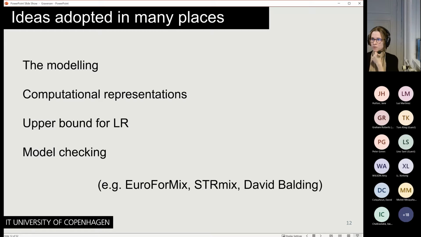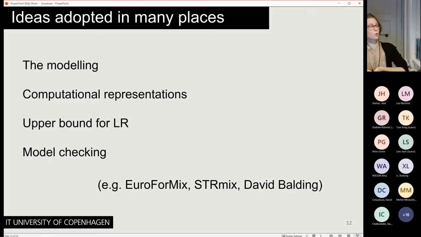So I was really happy with all of this, and also it caught on, I'm happy to say, in many places, particularly the modeling. The modeling had already, especially the idea of using gamma distributions for peak heights, slowly been getting momentum. But after this RSS paper, this work by Lauritsen, Paula Montera really, I think, took off a lot. But then also, maybe most notably here, Euroformix, which is now being spread out, also being used in the UK quite a lot.